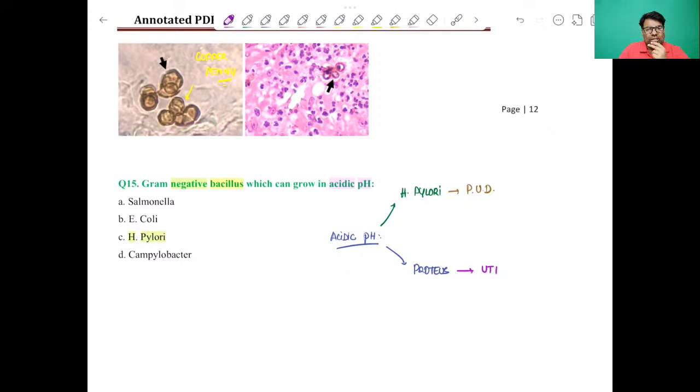They have this capability to stay in an acidic environment, and this is possible by way of an enzyme, urease. This urease converts the acidic environment into an alkaline environment, and that is how these bacteria are able to survive in such an acidic atmosphere.